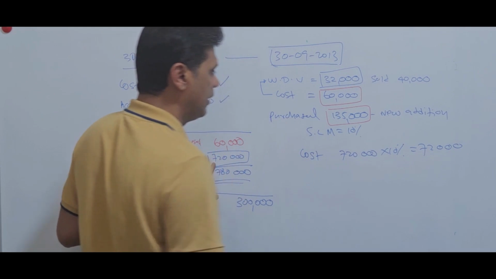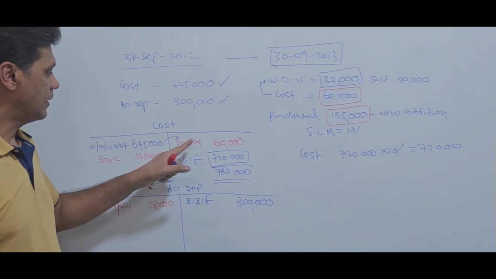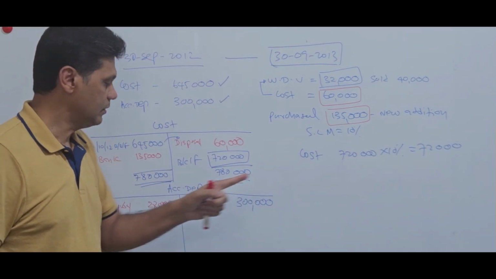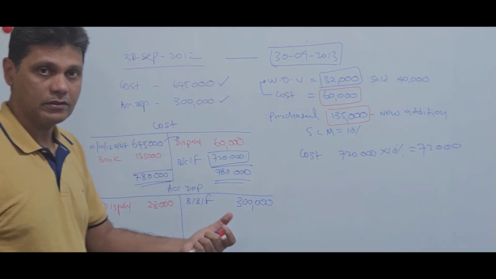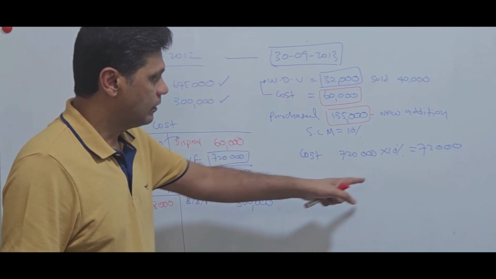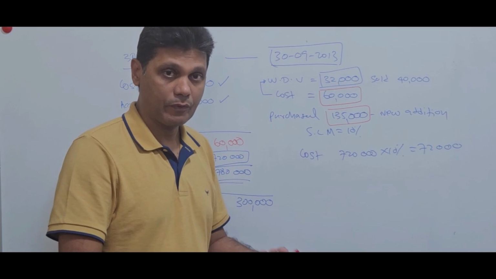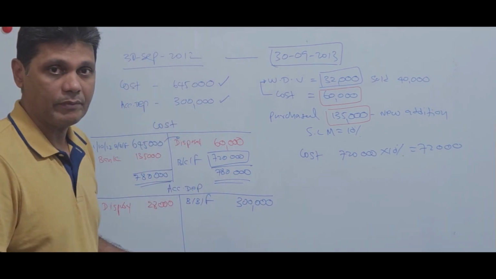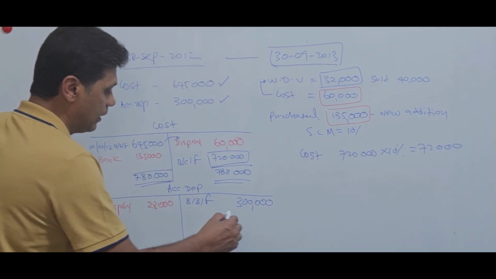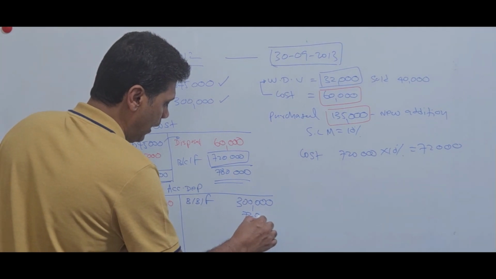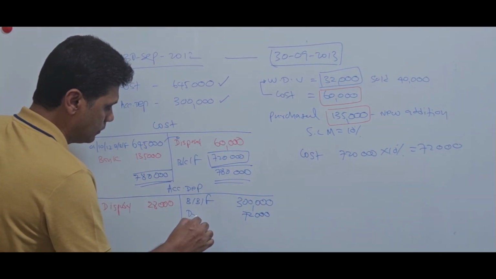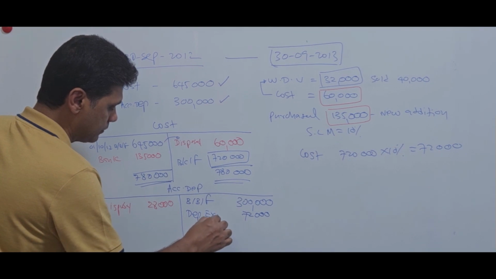Otherwise, you can separately calculate 645,000 minus 60,000 at 10%, and 135,000 as well. This depreciation of 72,000 has to be provided. So the depreciation account will be debited and credited to the accumulated depreciation account. This is the depreciation expense.